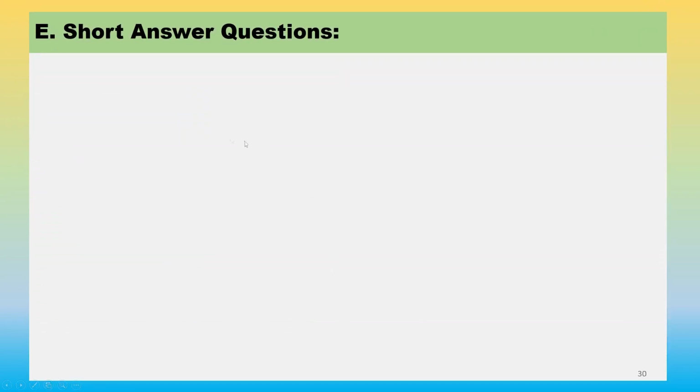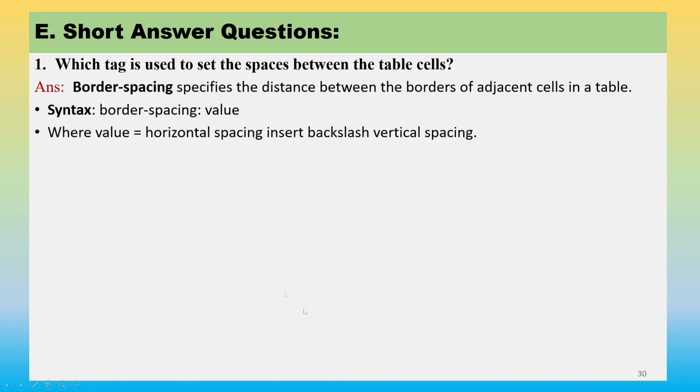Now come to short answer question, under which first question is which tag is used to set the spaces between the table. Can you guess? There was a border collapse, border spacing. So here border spacing specifies the distance between the borders of adjacent cells in a table.